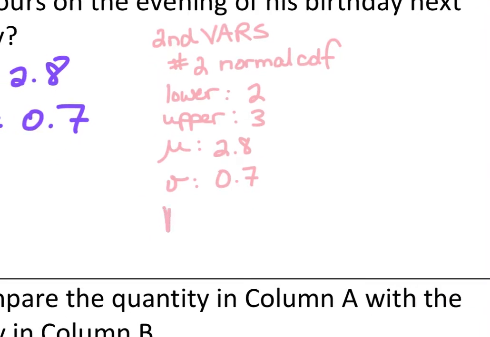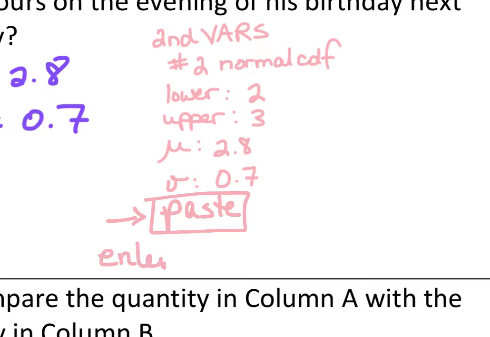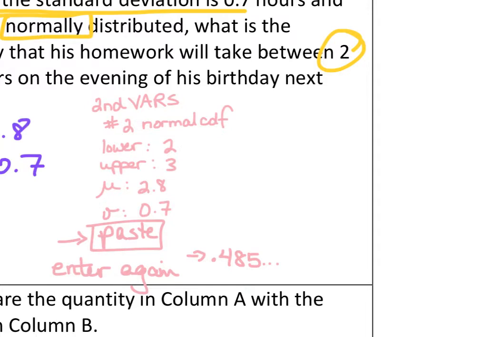And then you want to go down to paste and click on that. And then you want to press enter again. And your calculator tells you 0.485 and so on. And remember that you want to give your answer here as a percent.